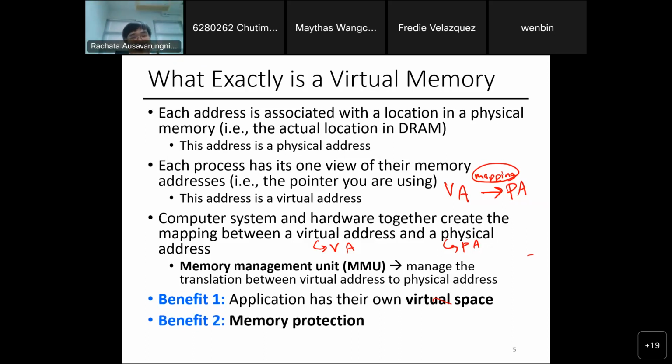Why are they good? It means that some random program cannot modify my data. Why is it good that I can provide memory protection, which is basically guaranteeing that no random program can modify my data unless they have the permission to do so?